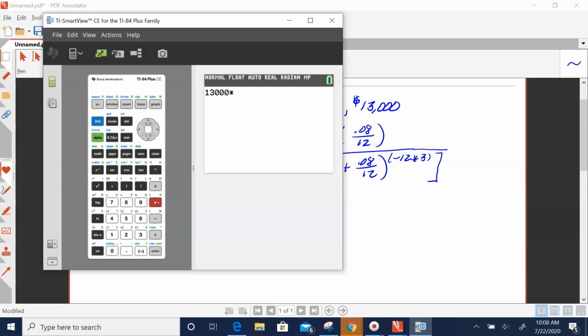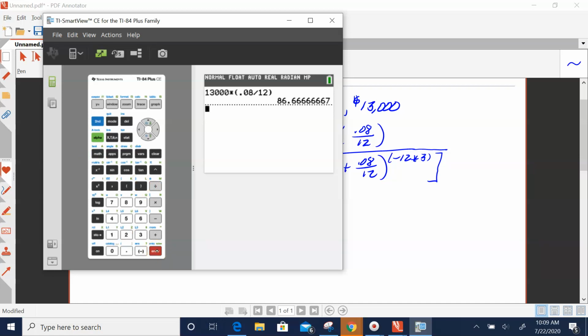You need to use the correct grouping symbols when putting this in your calculator. Since 0.08 divided by 12 is in parentheses, I'm going to put it in parentheses. That will give me my numerator value.